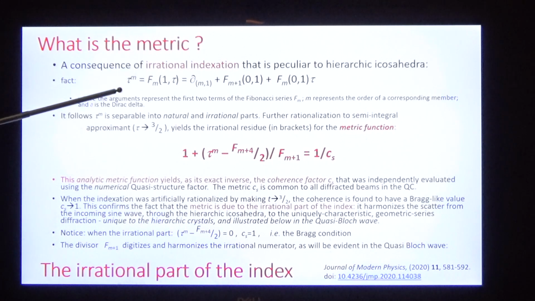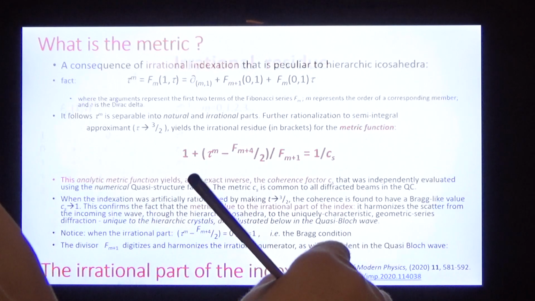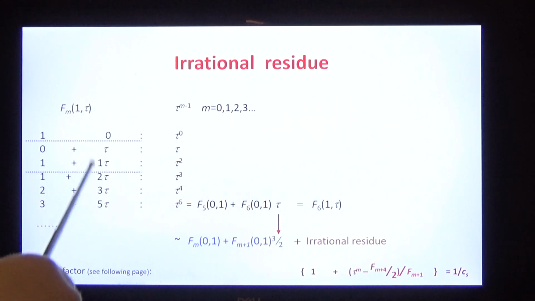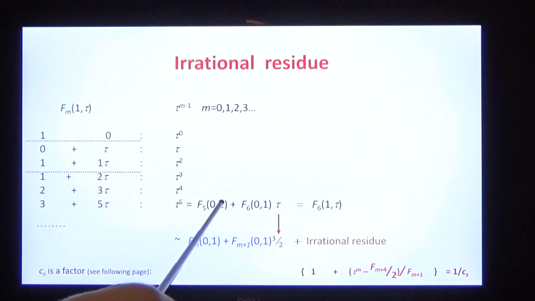The index tau to the power m is equal to this Fibonacci sequence. And let me illustrate. Here it is: 1, tau, 1 plus tau, 1 plus 2 tau, 2 plus 3 tau, 3 plus 5 tau. And this term, 3 plus 5 tau, is equal to tau to the power 5, and the same with the other terms. This is the geometric series. And notice especially that this series is the sum of two Fibonacci sequences, one natural, one irrational.